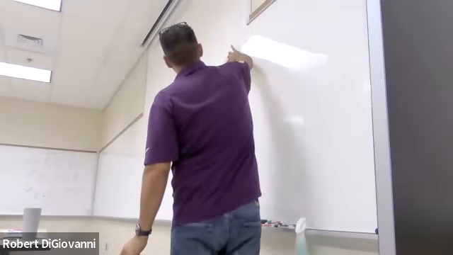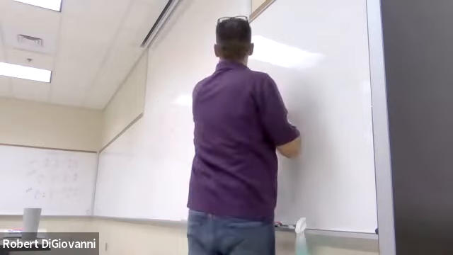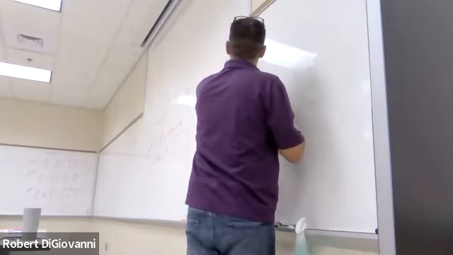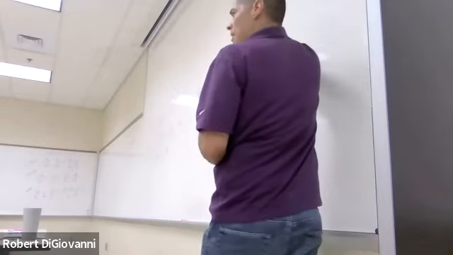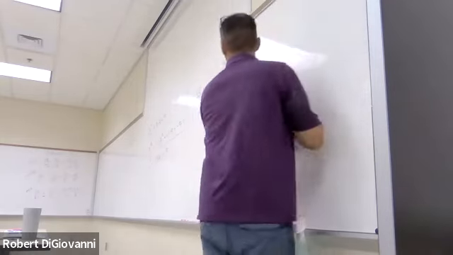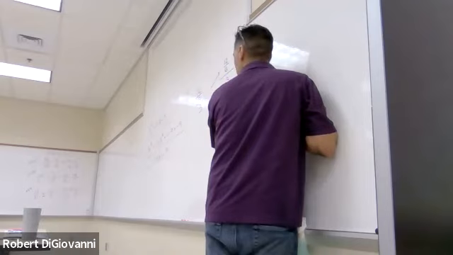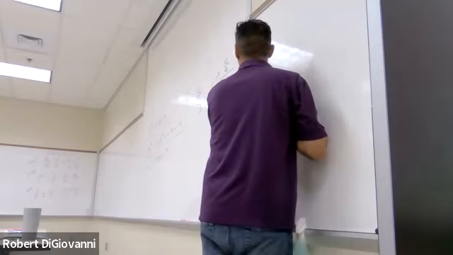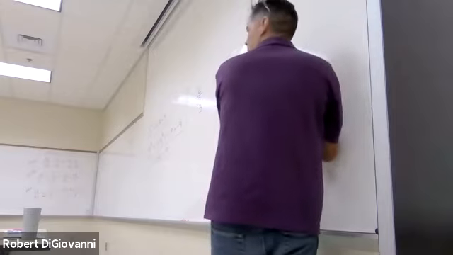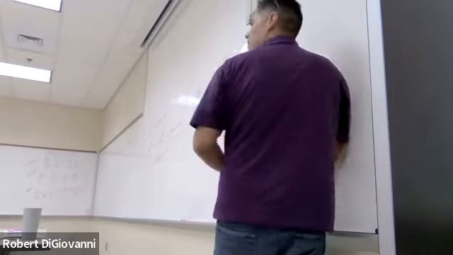What's 12 divided by 6? 2. And then 2 divided by 3 is whatever 2 divided by 3 is. Here, what's 6 divided by 3? 2. So this would be 12 divided by 2. What's 12 divided by 2? 6.